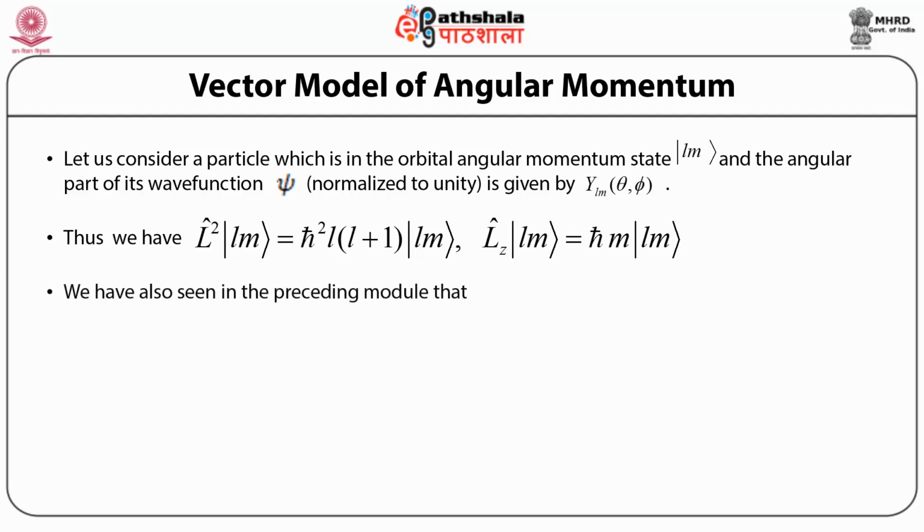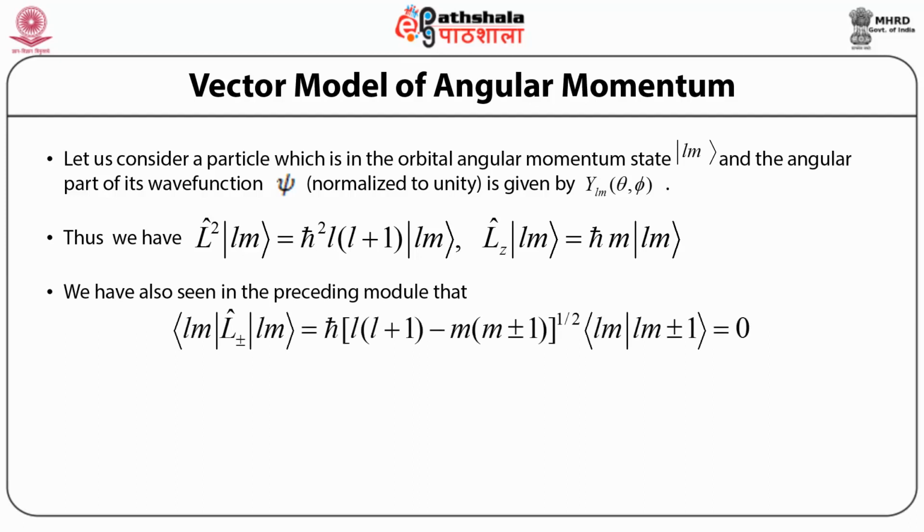We have also seen in the preceding module that the inner product of lm with operator L± ket lm is equal to ħ times the square root of (l(l+1) − m(m±1)) times the inner product of lm with l, m±1.